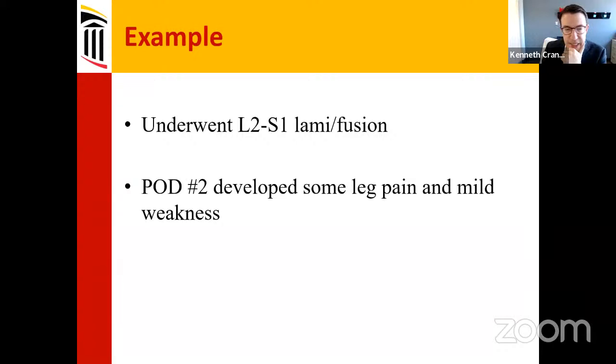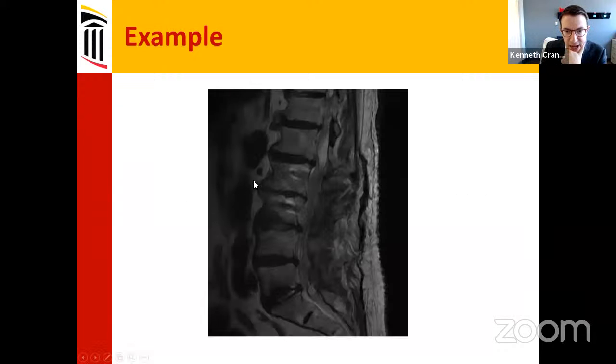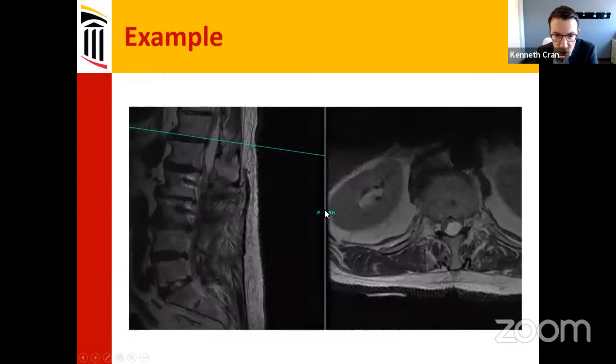So we sent him for an MRI scan, and he had a couple things. Number one, he had this epidural collection, which when we took him back to the operating room, turned out to be not really much. It turned out to be just very swollen muscle and a little bit of a seroma. But what was more critical was up above, he had this sort of arachnoid cyst or subdural collection or something that had developed within the thecal sac above the area where we operated, at the T12-L1 disc.